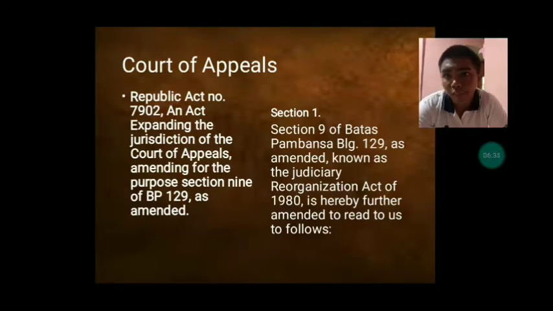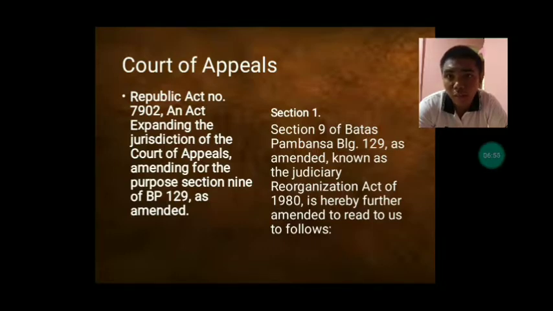Court of Appeals. Republic Act No. 7902, an act expanding the jurisdiction of the Court of Appeals, amending for the purpose Section 9 of BP 129, as amended. Section 1.